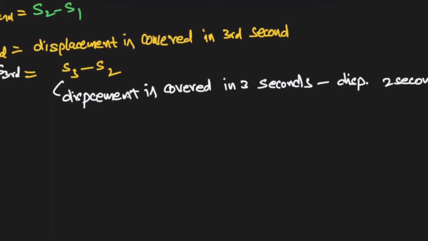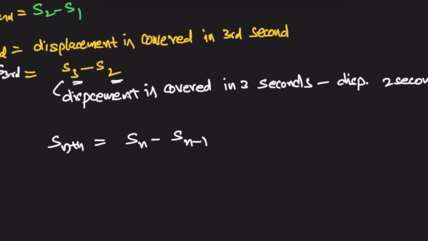So that is S3 minus S2. So I want Sn. So Sn means Sn minus 1. S3 means 3 minus 1, that is 2.